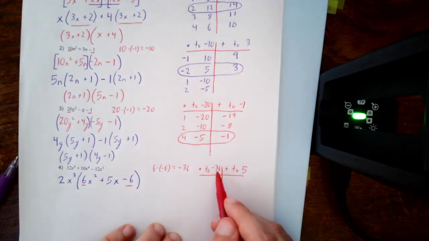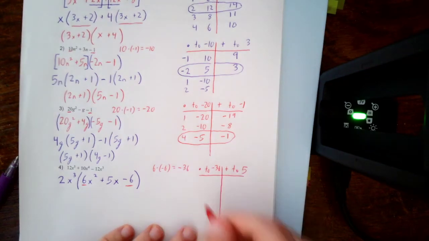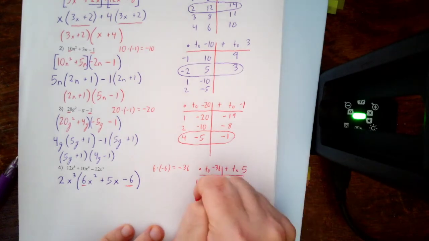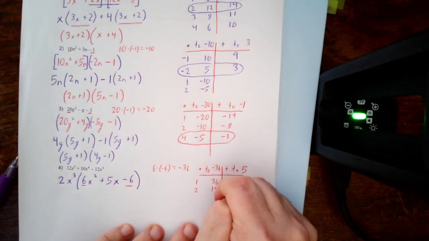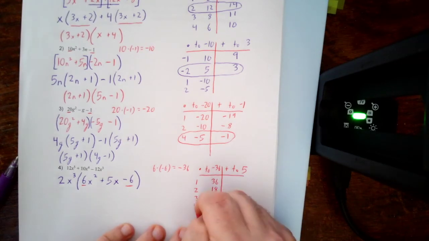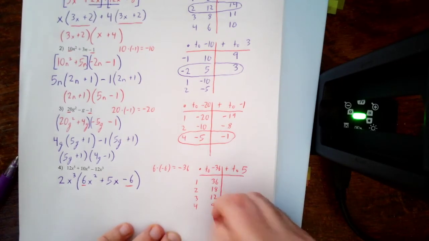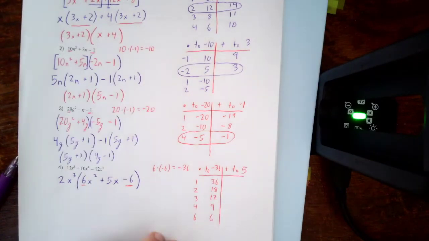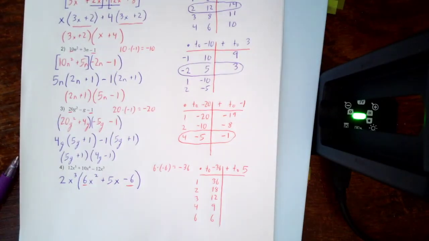So, how can I multiply to 36? Well, 1 and 36, 2 and 18, 3 and 12, 4 and 9, 5 doesn't work, but 6 and 6 do, right? And those are all the possible factors of 36.